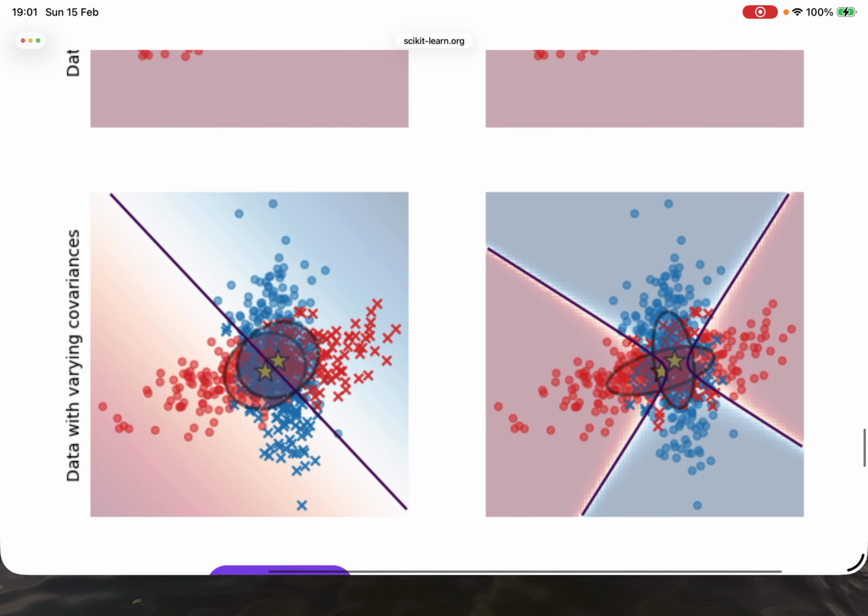But in the last case, where you actually have two different covariances for data in each class, like in QDA, you have this freedom to compute them. So you can see that you actually have two ellipsoids that are orienting differently, and that's reflecting the different covariance.